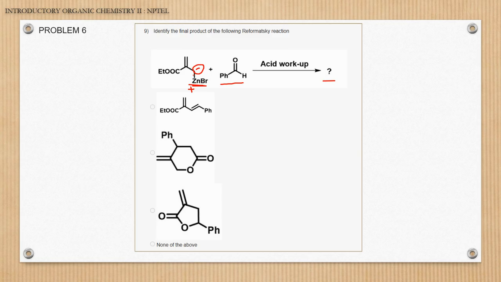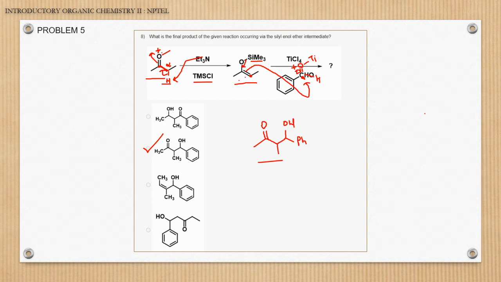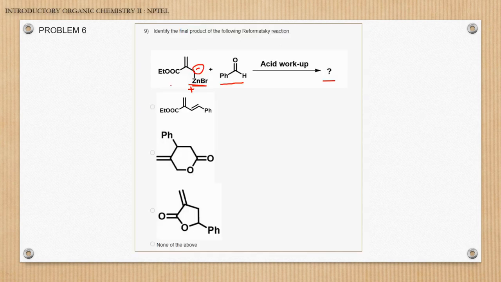It will make your alpha position a nucleophilic position. We have seen in the previous case that the nucleophile forms after the O-Si bond cleavage, and this is how the silyl enol ether is acting as a nucleophile. So here also this Reformatsky reagent is now acting as a nucleophile because of the insertion of zinc between the C-Br bond. So insertion of zinc between the C-Br bond will generate a nucleophile at the alpha position.